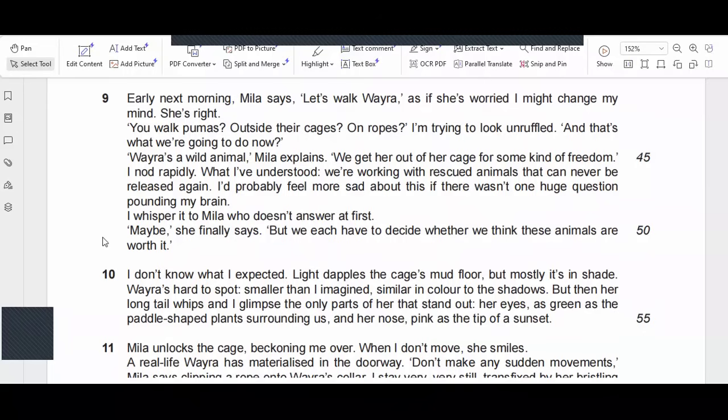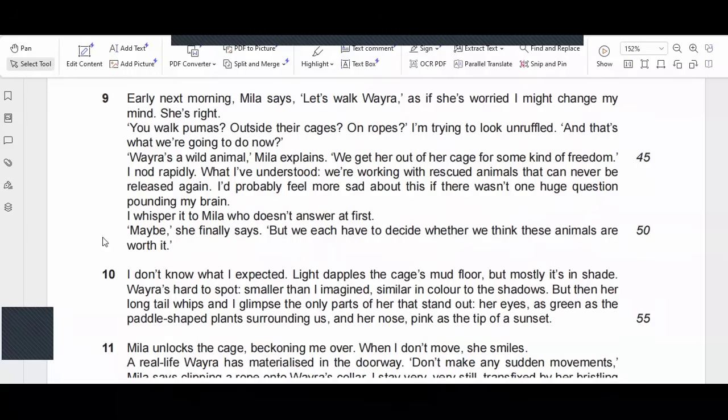What I have understood, we were working with rescued animals that can never be released again. I would probably feel more sad about this if there wasn't one huge question pounding my brain. I whisper it to Mila, who doesn't answer at first. Maybe, she finally says, but we each have to decide whether we think these animals are worth it.